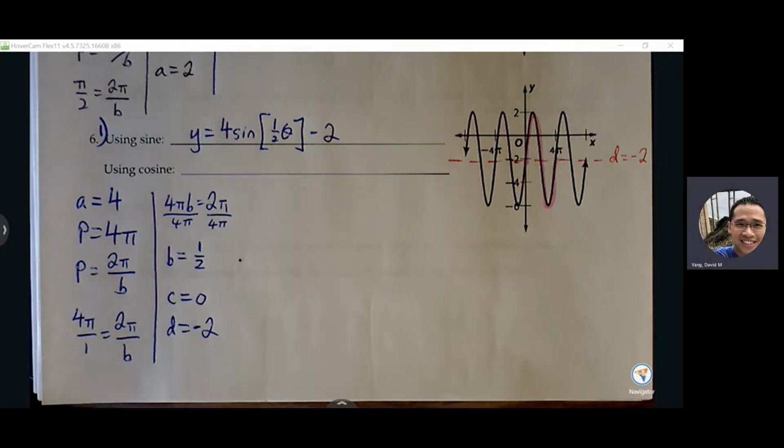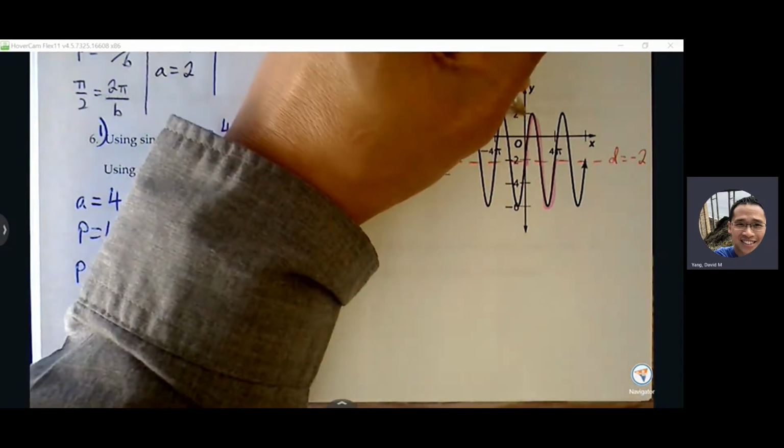What do you know about the cosine graph? Where's the cosine graph start? Right, usually starts at 1, but we usually start at the peak, right? We know cosine starts at the peak. So what is the peak for this graph? 2. So we'll let it start at 2.